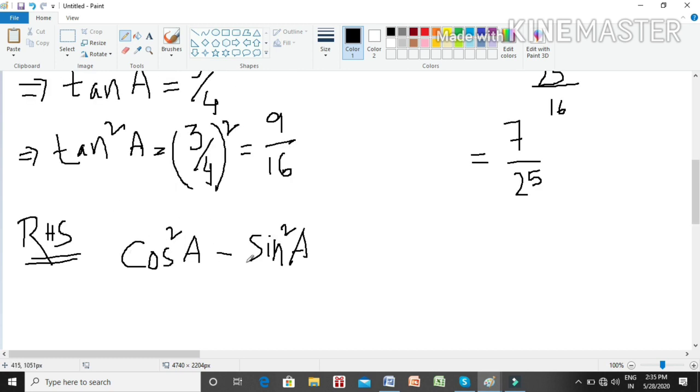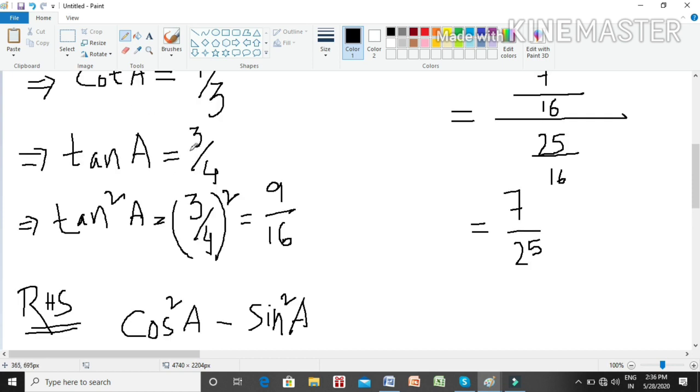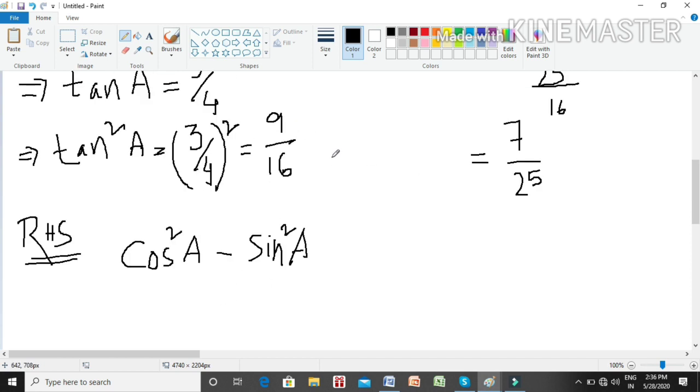Or we can find out any one, that will be more than enough. So if tan A is equal to 3 by 4, what will be the value for sin A and cos A?